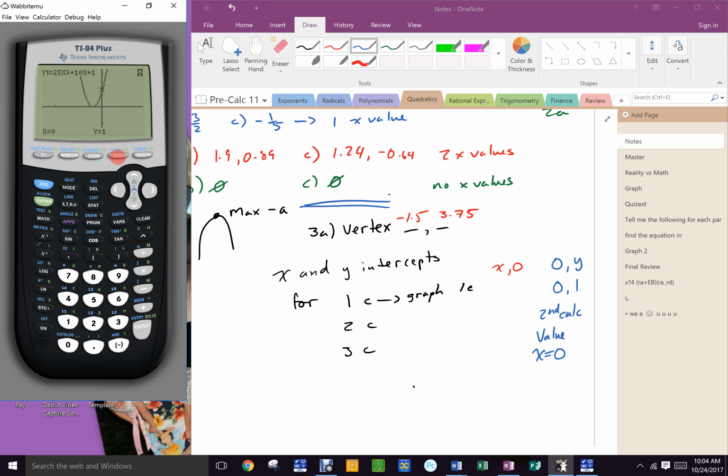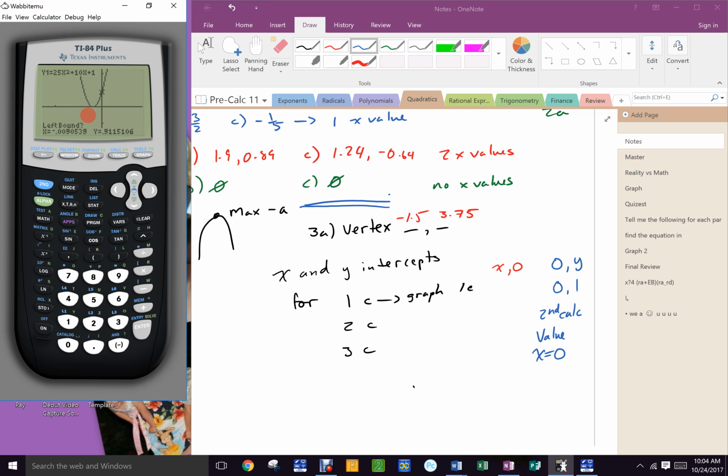Now we got to think about the X-intercept. So let's go back to our calculate screen. We know it's not 1, we know it's not 3, we know it's not 4, we know it's not 5, and we know 6 and 7 are calculus. What's the only thing left? 2, right? We need a 0. So what happens when we hit 2? Oh, it asks for a left boundary and a right boundary.